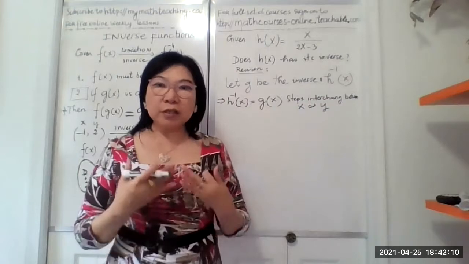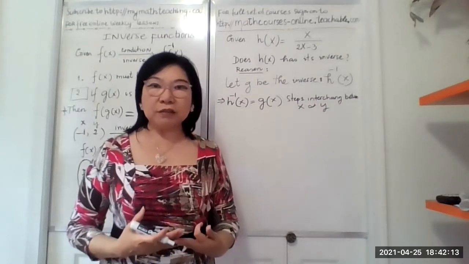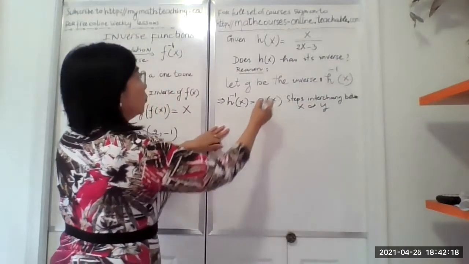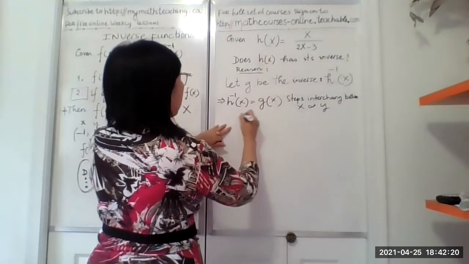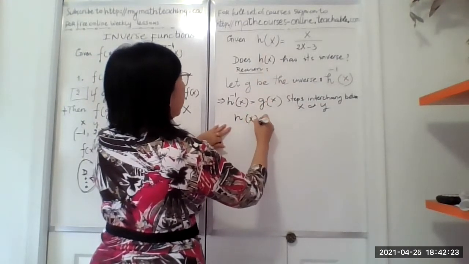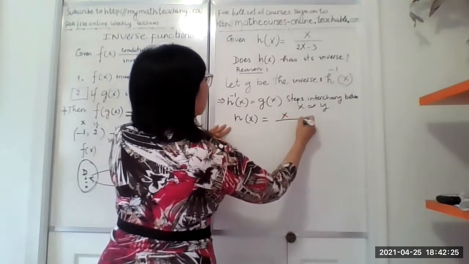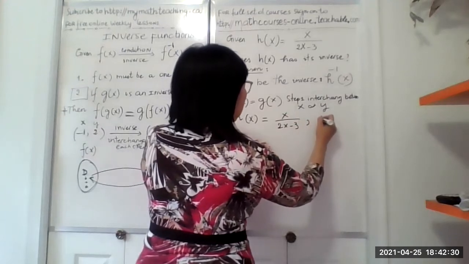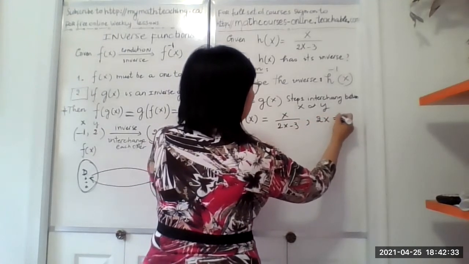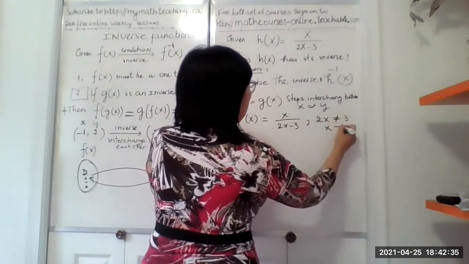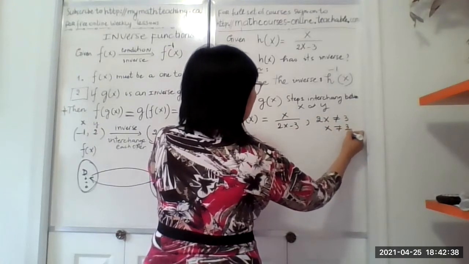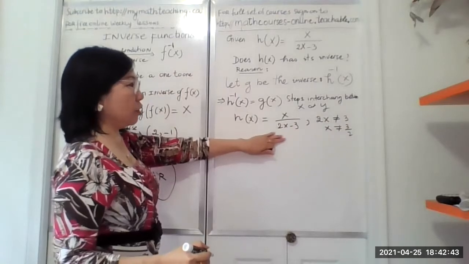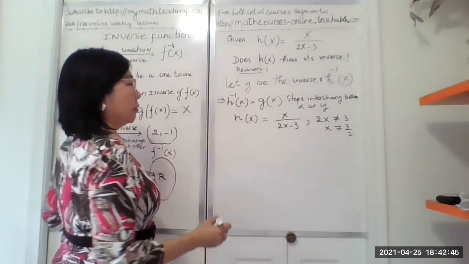And the new y function becomes the inverse function. So I'm going to copy down the original function here: h of x is x over 2x minus 3. And make sure we note the restriction: 2x has to be different from 3, so x has to be different from 3 over 2, which is 1.5, right? That's the condition for this function.